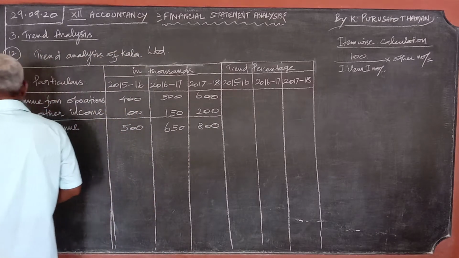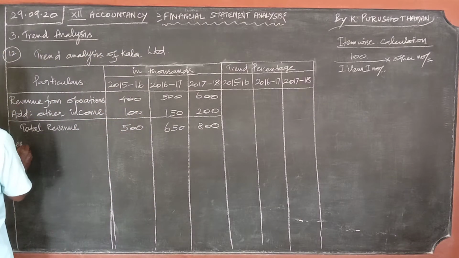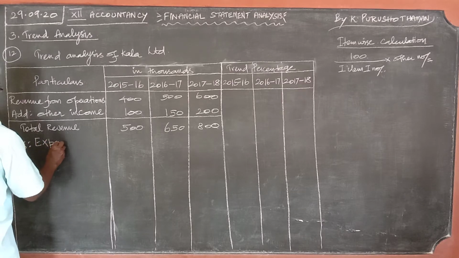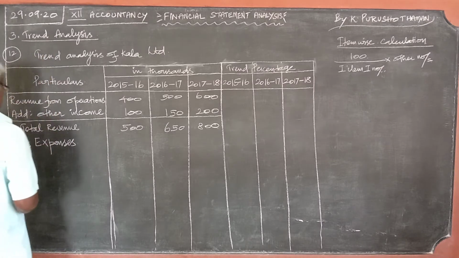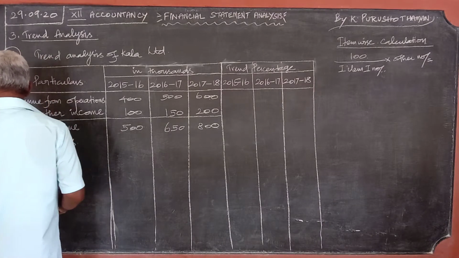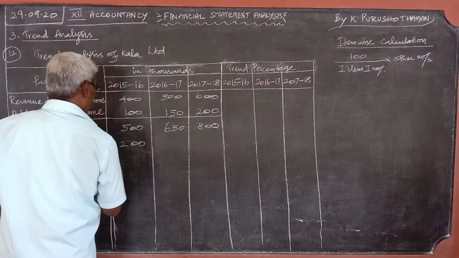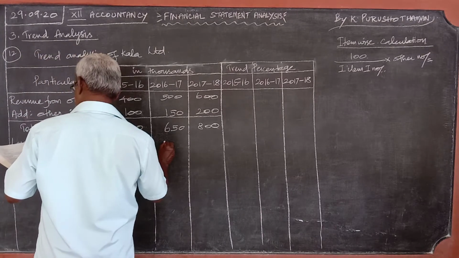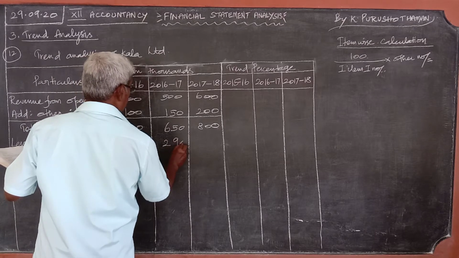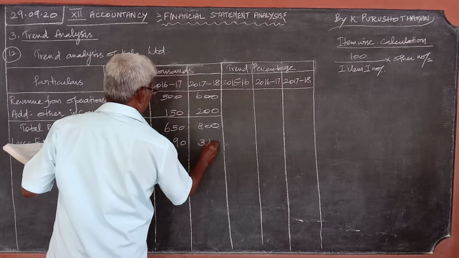Then less expenses, which we have done in the other 2 types also. Less expenses 200, 290, 350.